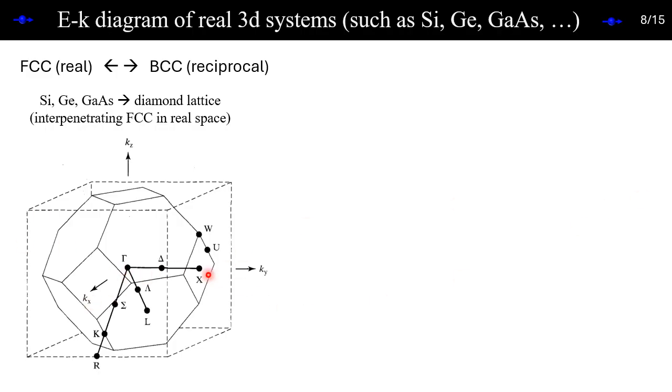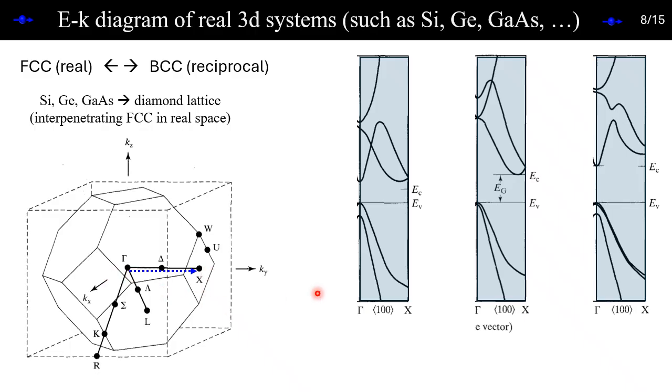Two critical directions are these, so we need to plot along these directions. Just the way we did gamma to X for kx, we'll also do the gamma to X direction. This is important, and it will turn out to be like that. How? We don't care right now, because you need to do a DFT calculation or tight-binding model, which is beyond the scope of this.